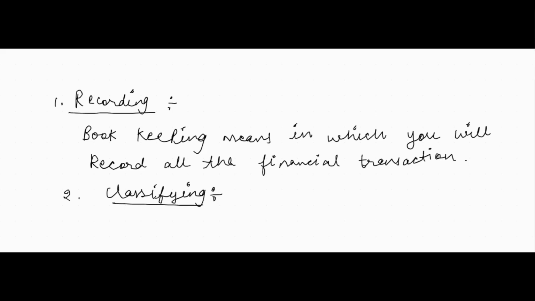Look, you have to classify the data in so many following manners. Like first you make the journal entries, then you make the ledger, then you make the trial balance and a lot of things. So we are classifying it in a lot of manners. Okay. Then summarizing.